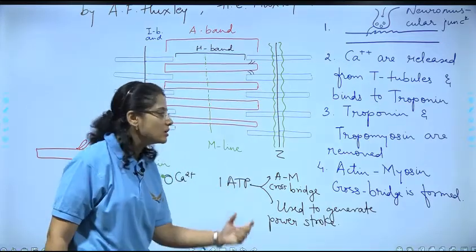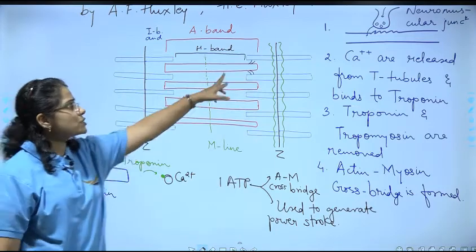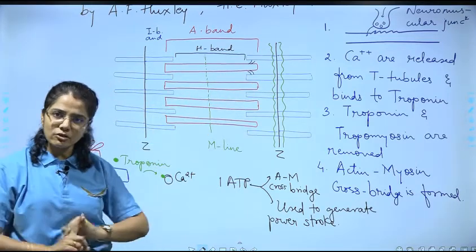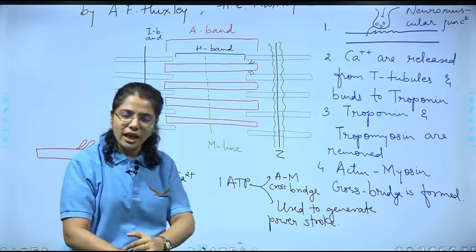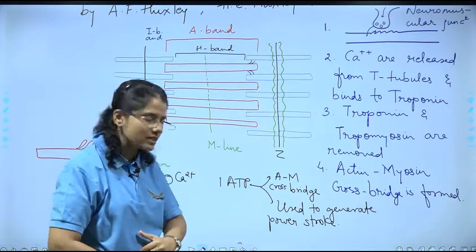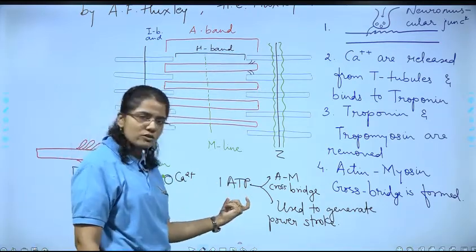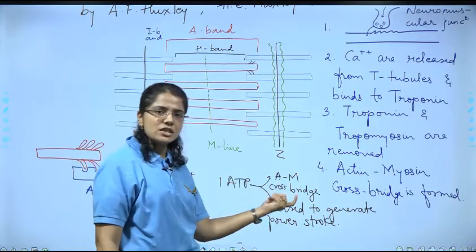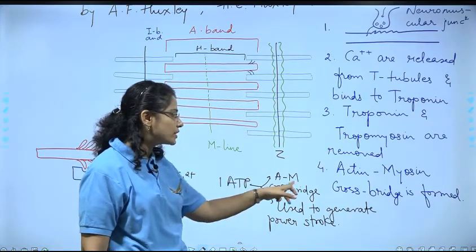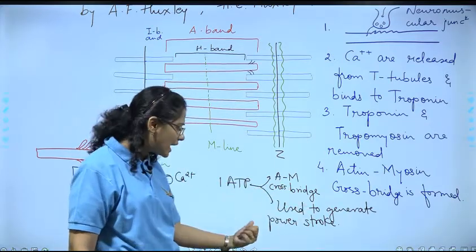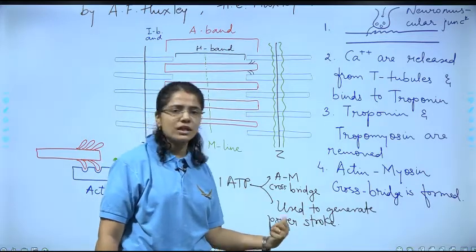Again I repeat, for this cross bridge formation ATP gets hydrolyzed. We know the myosin head acts as ATPase, correct? So when it gets hydrolyzed, part of its energy is utilized in formation of the actin-myosin cross bridge and part of it is used to generate the power stroke.